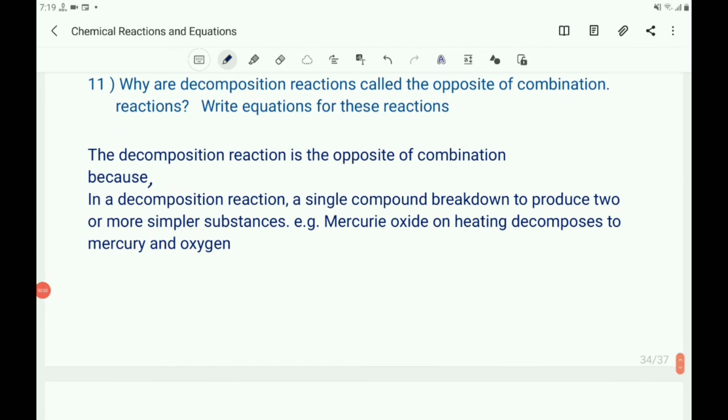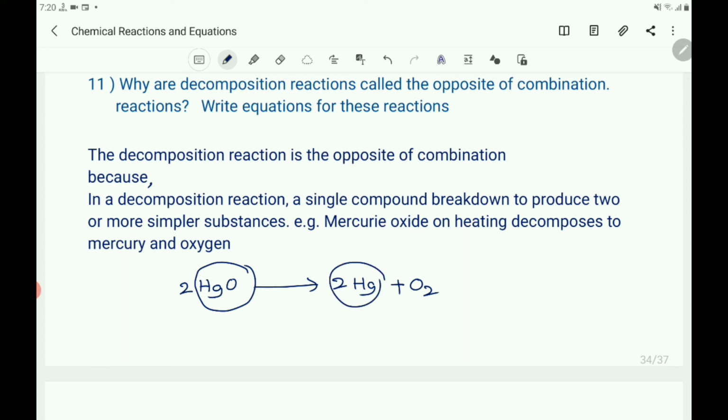Write the chemical reaction: 2HgO gives 2Hg plus O2. This is the chemical decomposition. Mercuric oxide decomposed into mercury and oxygen.